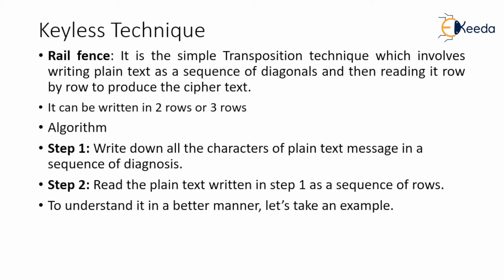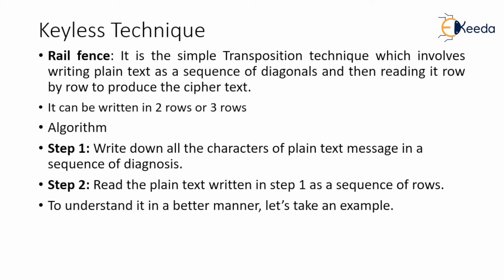That means whatever plain text is given to you, you just have to arrange the letters of the plain text in the form of a diagonal, and then convert the plain text into the ciphertext by writing the alphabets row by row to produce the corresponding ciphertext.